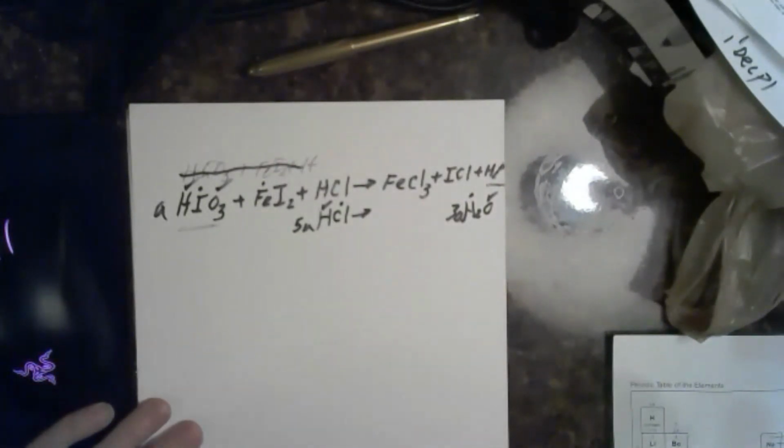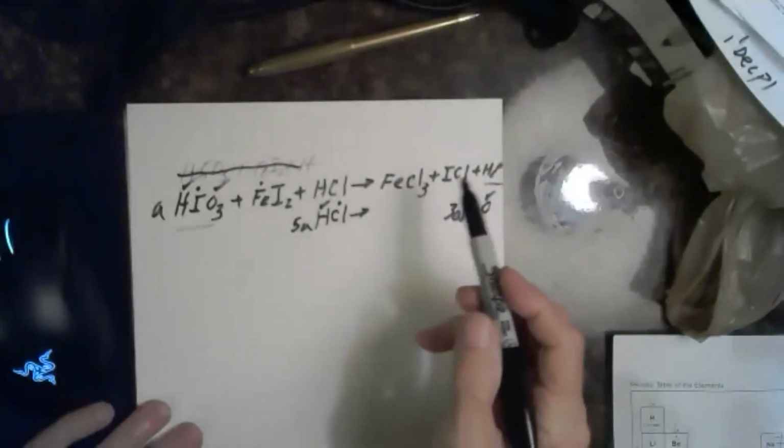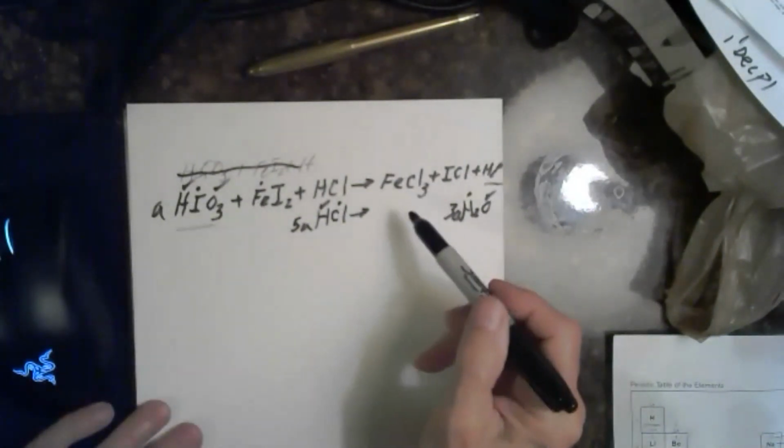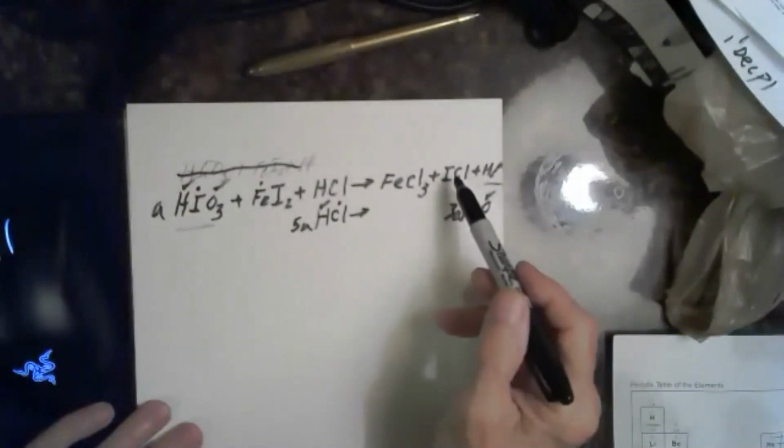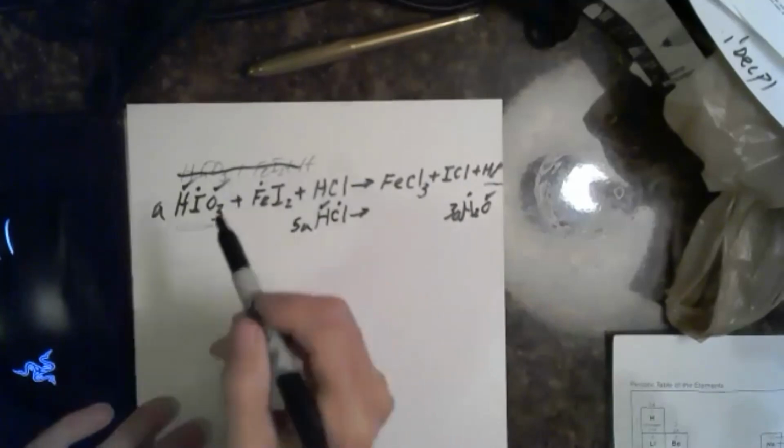Okay, now what do I do? I can't balance anything else that's dotted with the A variable. So I switch to B and balance the dotted elements that are left. I still can't balance iodine because it's in 2 different places. So I have to do the iron.